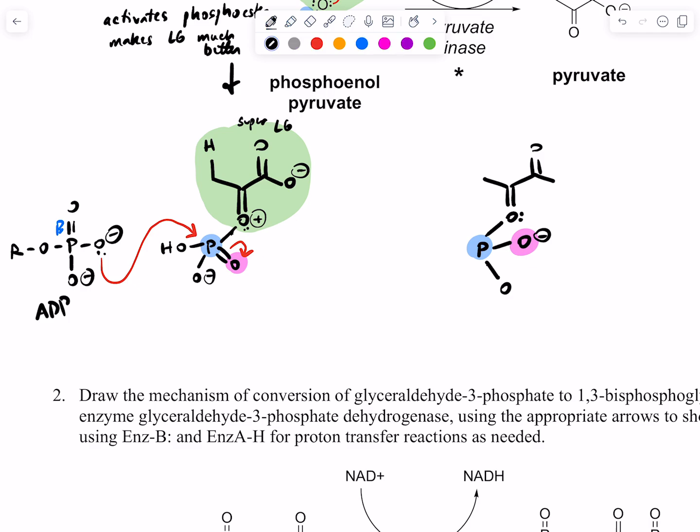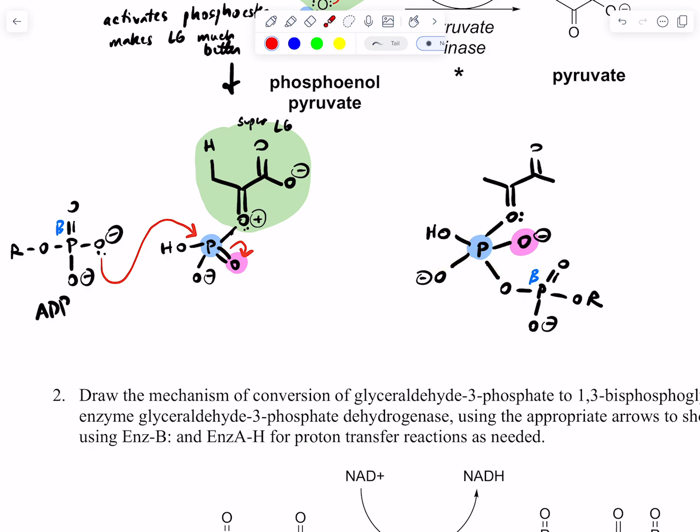One of those is the oxygen from ADP. This is the beta phosphoryl group of ADP. One of those is an OH group, and then one of those is a negatively charged oxygen. So that's your 1, 2, 3, 4, 5.